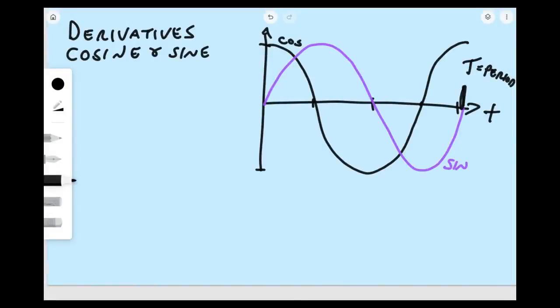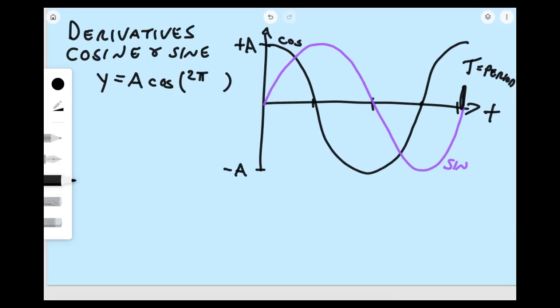Cosine and sine, the functions themselves, range between plus and -1, but we want to make it more general than that and allow for it having an amplitude. So I'm going to say that this limit up here is plus A, and this limit down here is negative A, so that the range for the cosine and sine functions varies between plus and minus A. To write that, we'd write y equals A times cosine, and in the parentheses, we're going to have a function of time, but we want to make sure it completes one cycle in the period.